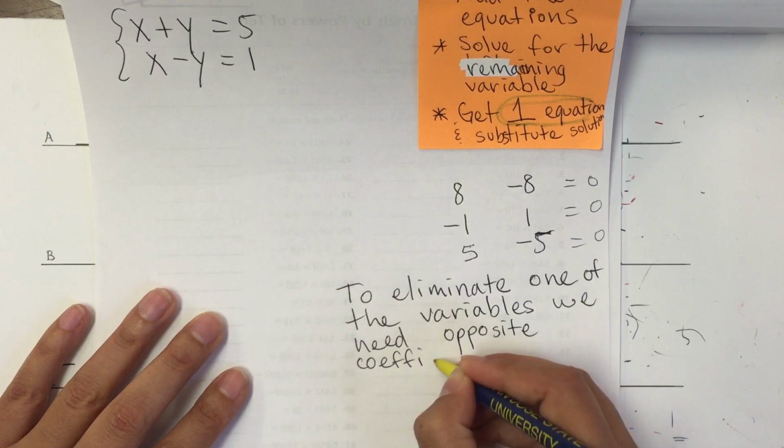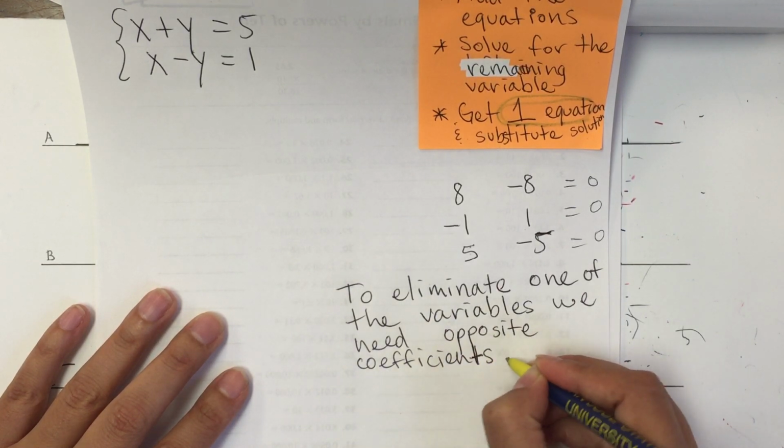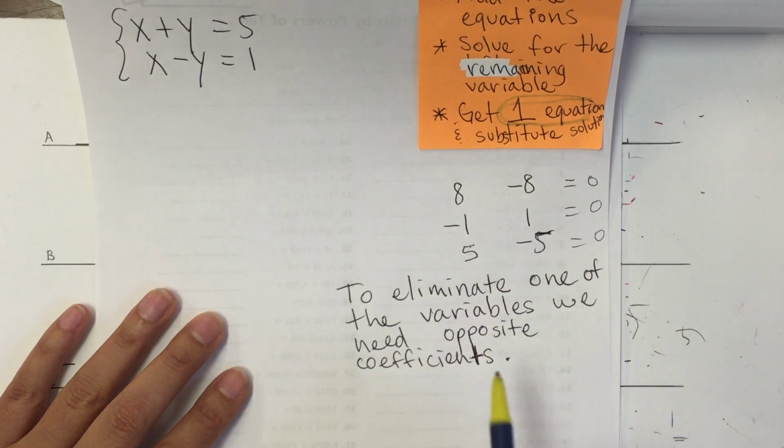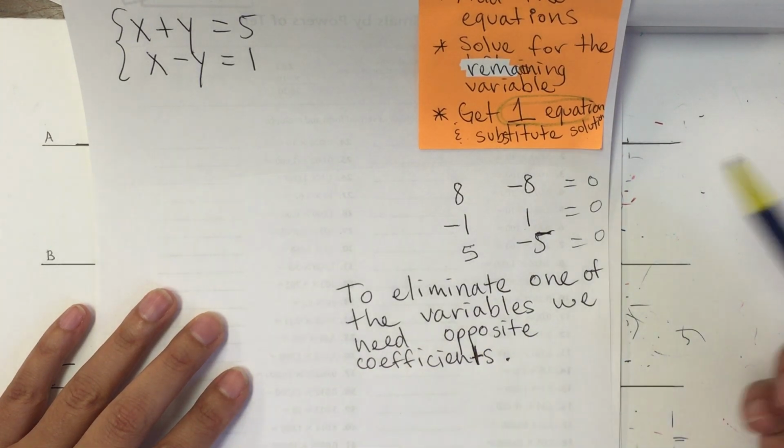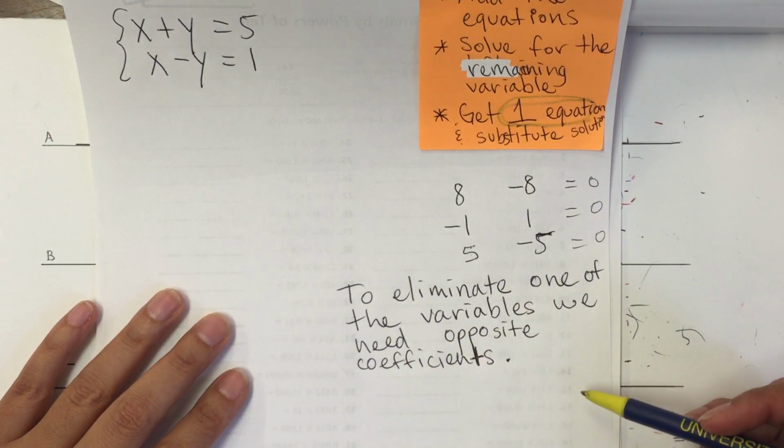For today's assignment, the problems are set up so that you will have opposite coefficients, but in the future you will have to figure out how to make those opposite coefficients.